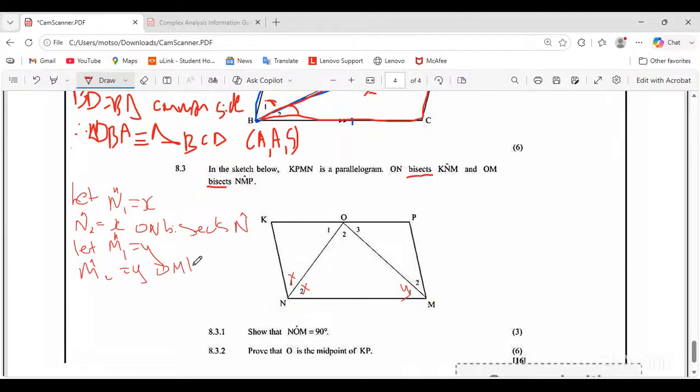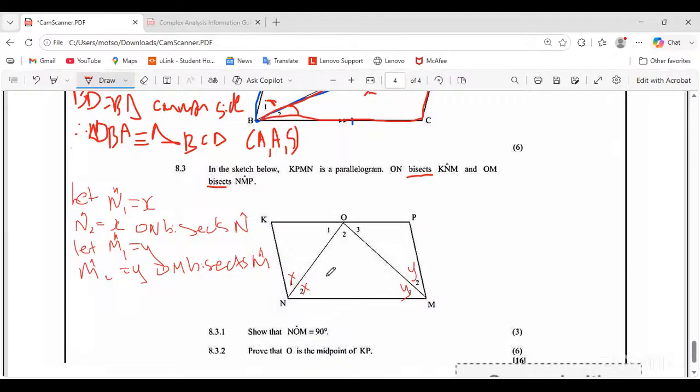Because OM bisects angle M. You denote it using that hat on top of the letter. So this is also Y, right?